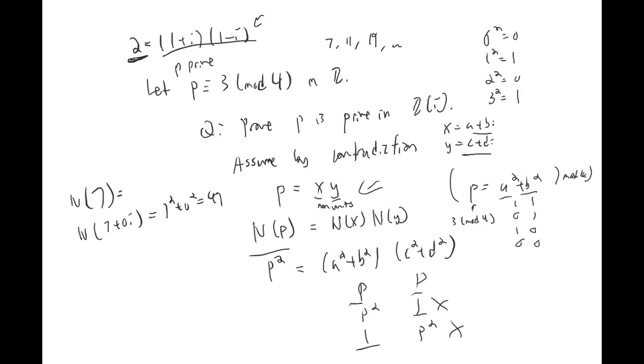Can I ever get 3 from sums of these? The answer is no. 1 plus 1 is 2, 0 plus 1 is 1, 1 plus 0 is 1, and this is 0. So this is impossible if p is 3 mod 4. There's no such thing that gives me norm p in this case, so this is a contradiction.